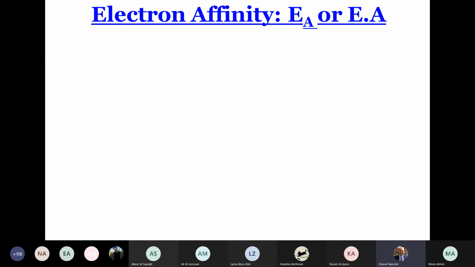The atomic size in the periodic table increases from right to left and from top to bottom with no exceptions. And the ionization energy increases in the opposite order, from bottom to top, from left to right.